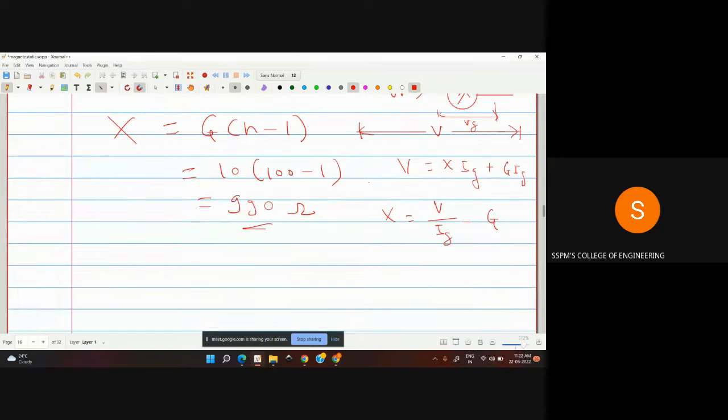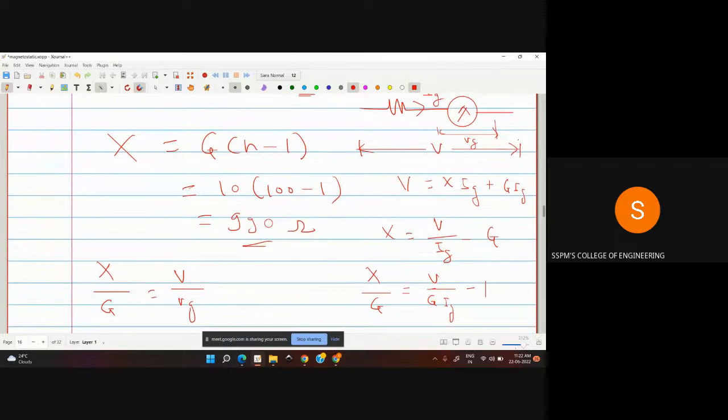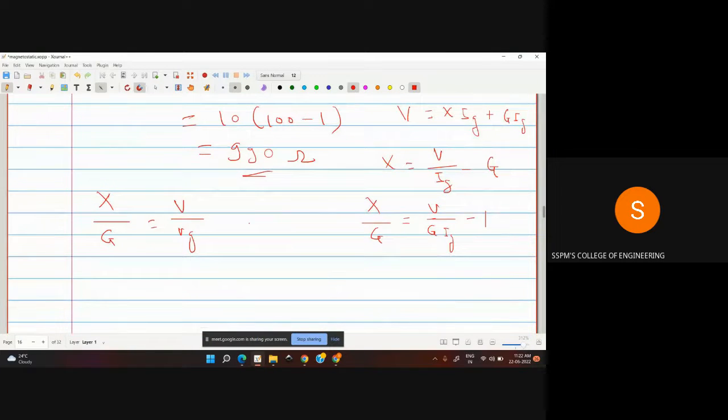आणि त्यानंतर काय केलं आपण इथे, X divided by G जर केला तर काय मिळेल इथे, V upon G into IG minus 1. Then simplify further, it becomes X upon G is equal to V upon VG. G into IG म्हणजे काय, VG. बघा, voltage across galvanometer is VG, minus 1.